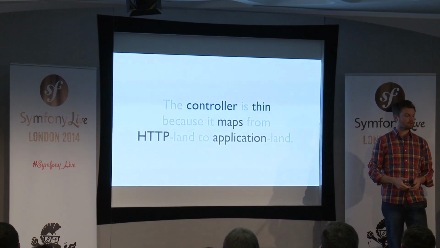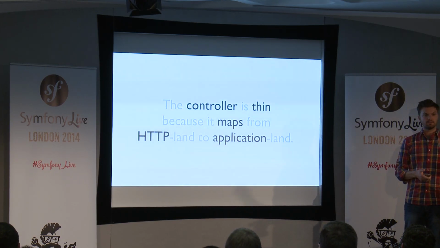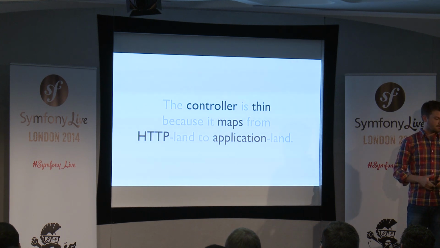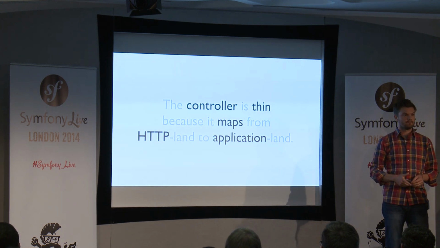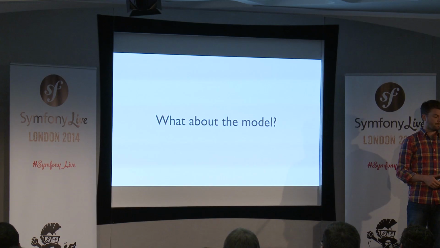So the controller is thin because it's a mapping layer between the HTTP land and application land. Okay, controller is a mapping layer. Does it make sense so far? When I say controller is a mapping layer, controllers are thin. They just map from one language to the other language. Okay, so coming back to the idea of thin controller, fat model, what about the model?